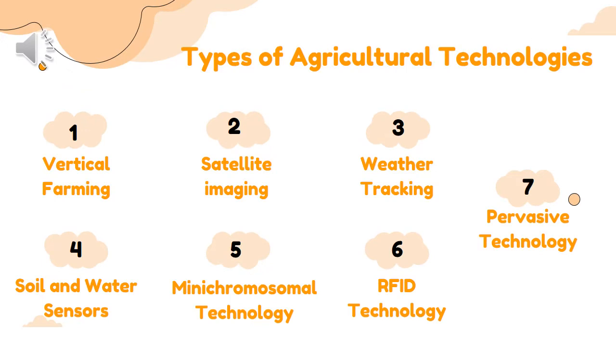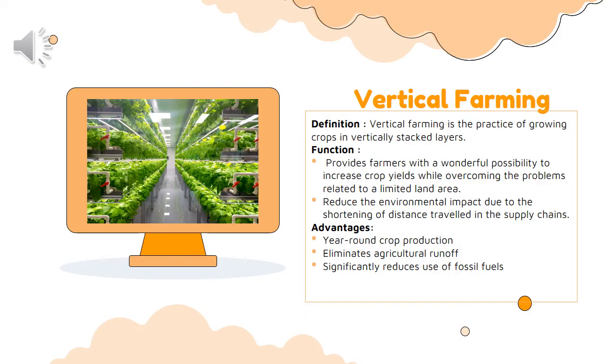In this slide, we see there are 7 types of agricultural technology, which are vertical farming, satellite imaging, weather tracking, soil and water sensor, mini chromosomal technology, RFID technology, and last, pervasive technology. So, we go into detail on the first technology, which is vertical farming.